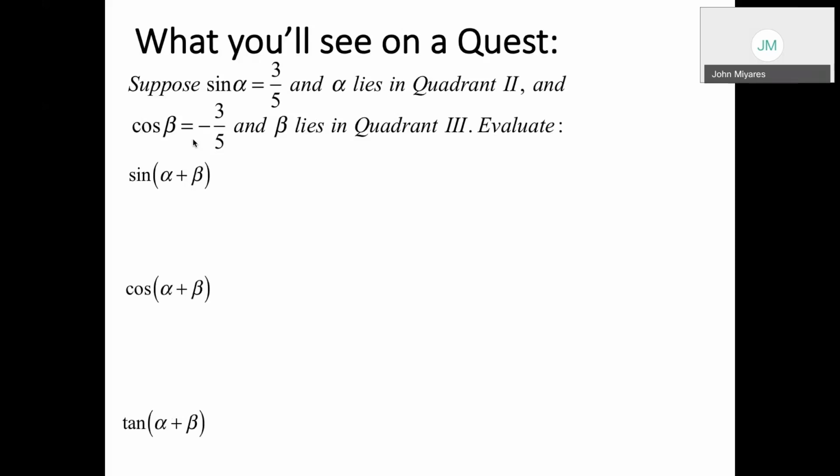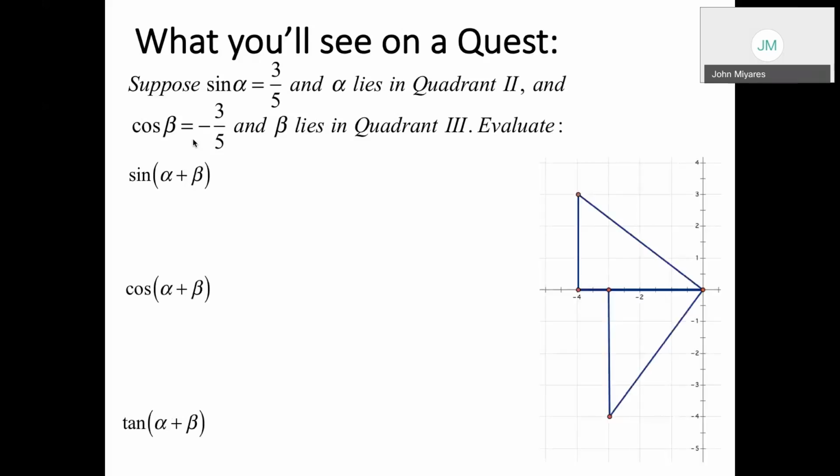Our approach to this problem is going to be very similar to what we did a few slides earlier, where we constructed reference triangles to figure out more information about alpha and beta. So here are our two triangles that I'm going to be working with. In quadrant 2, we have angle alpha, and we're going to label the sides in such a way that the sine of angle alpha is 3/5.